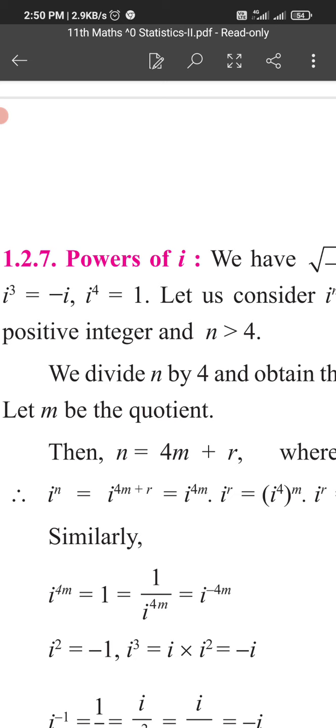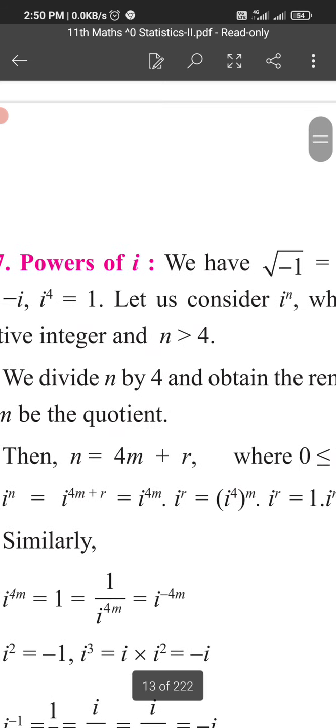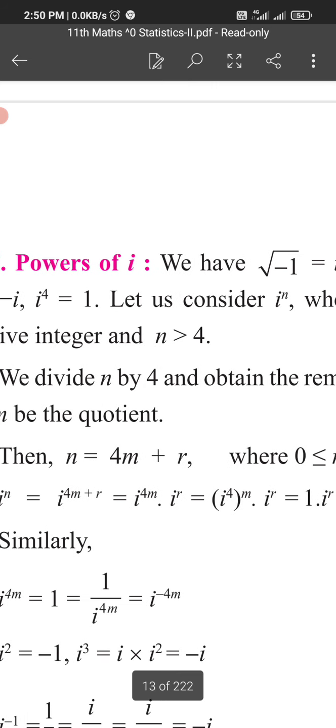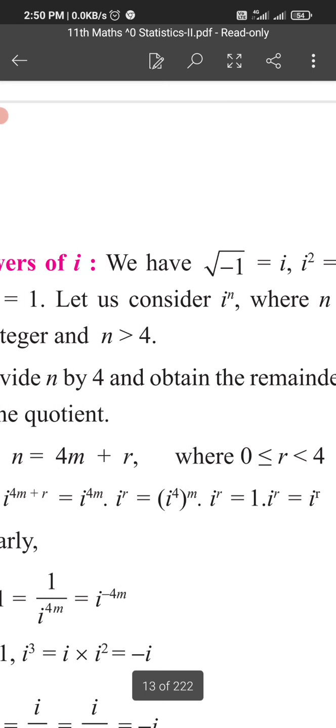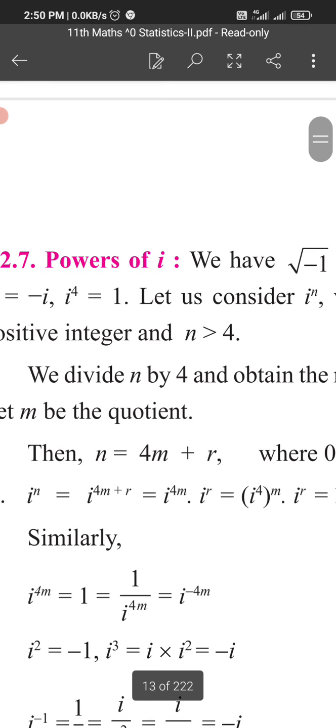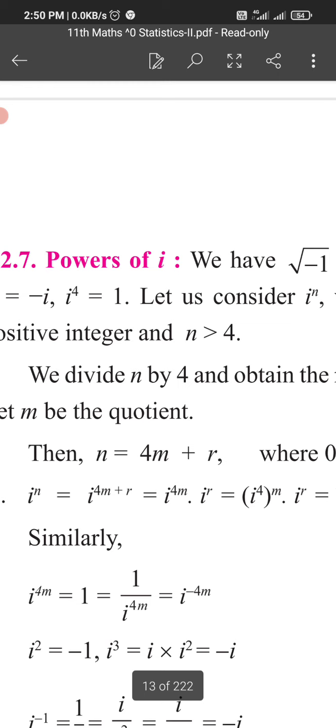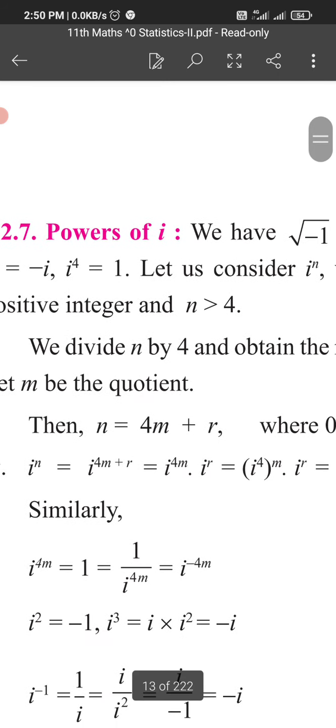Again, i raised to 4m, that is a raised to mn, can be written as a raised to m into n, so (i raised to 4) raised to m is equal to 1, and i raised to r remains i raised to r. Similarly, i raised to minus 4m is equal to 1 upon i raised to 4m, which is equal to 1.